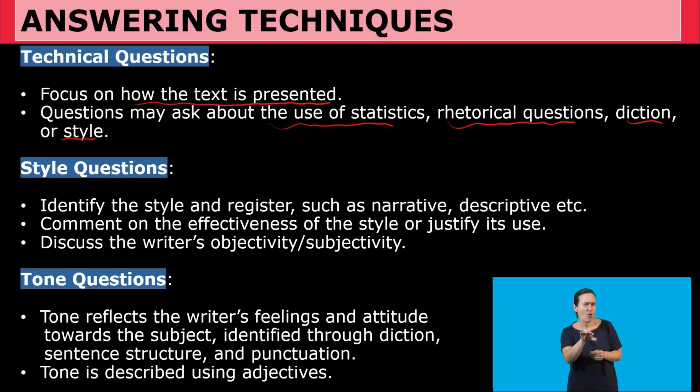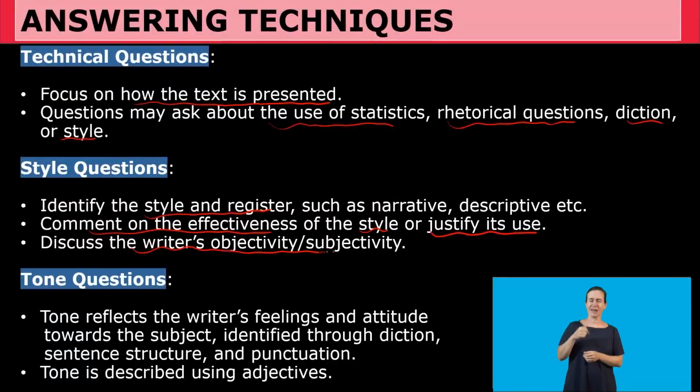Style questions, here you identify the style and the register, such as narrative or descriptive. You must also comment on the effectiveness of style or justify its use, why that particular style is appropriate to the type of text. Here you can also discuss the writer's objectivity or subjectivity towards a certain aspect.